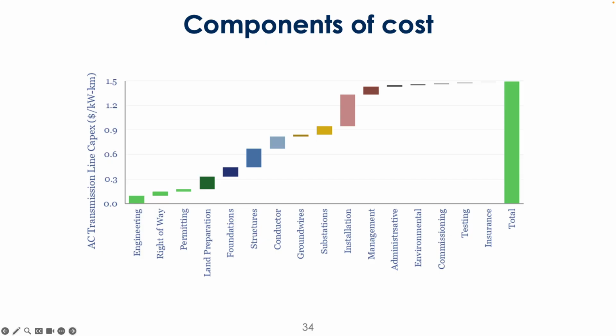So terrain, we mentioned, but also the right-of-way, the easements. On average that might be like this, but it could be a lot larger in some cases.